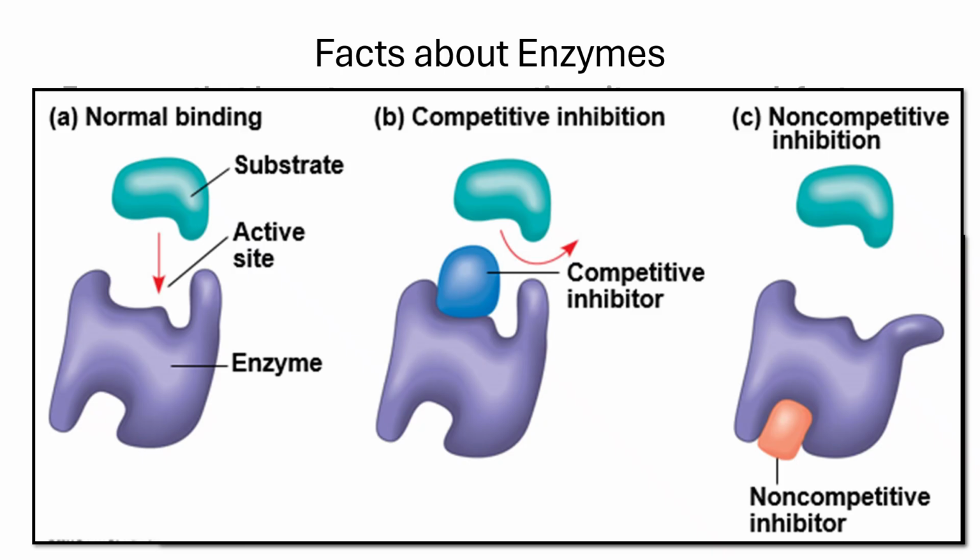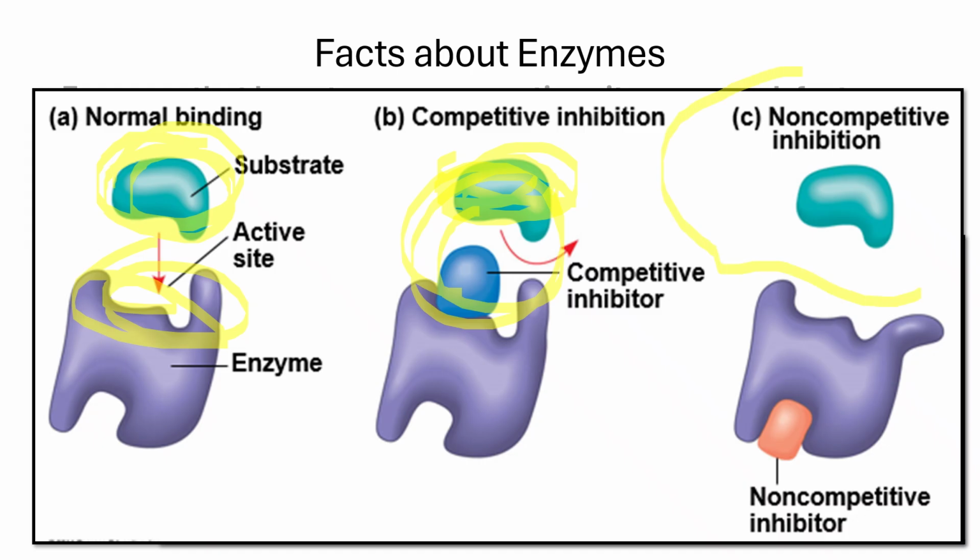All right, so here we have an example of non-competitive inhibition. Here's the active site of this enzyme. Here's the substrate that is supposed to fit into the active site. And here we have a competitive inhibitor which binds to the active site and prevents the substrate from binding there. But this particular enzyme also has the ability to be controlled using non-competitive inhibition.